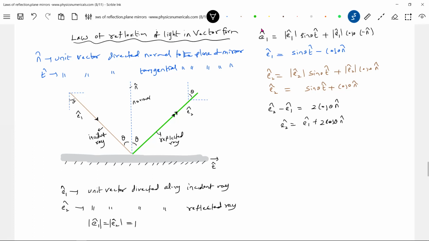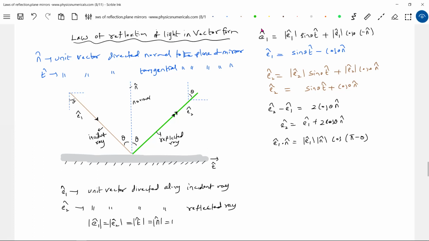Let me take the dot product of E1 cap and N cap, because all these are unit vectors. So this should be cos of the angle between E1 cap and N cap.